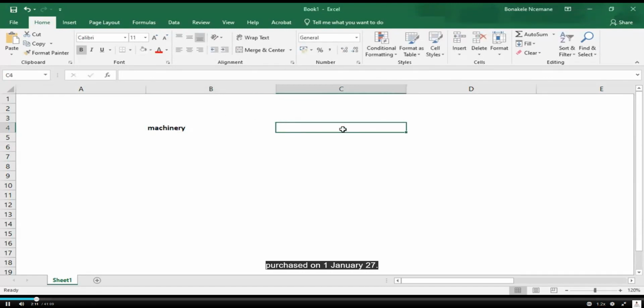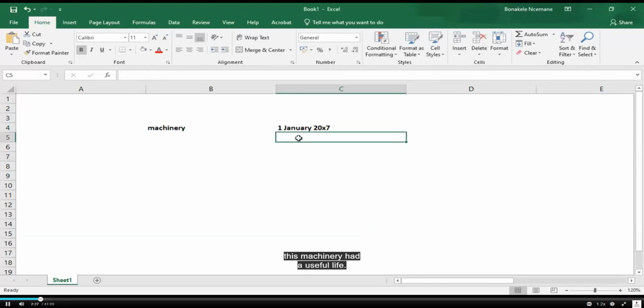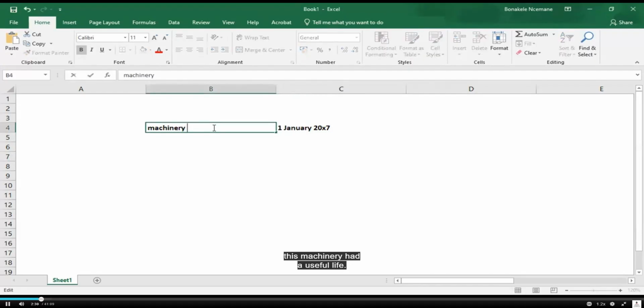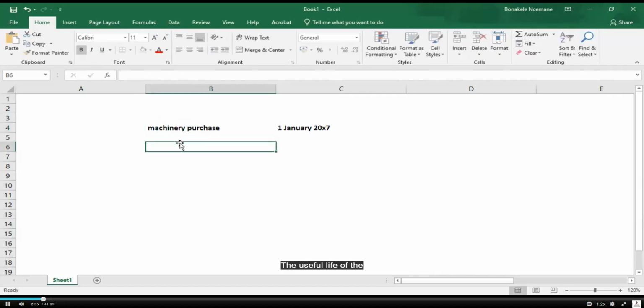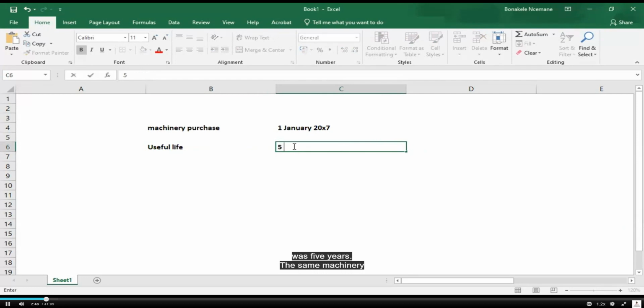Another thing is that this machinery had a useful life of 5 years.